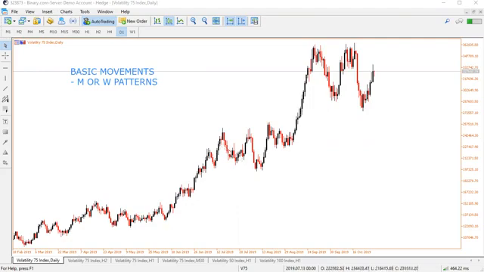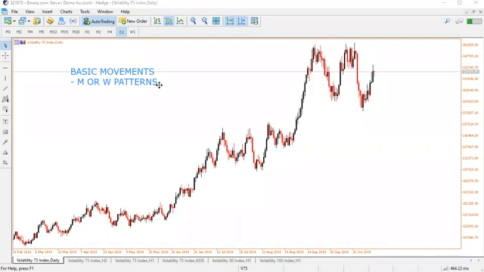Here we had an M shape. It's an M pattern, a W pattern. There are some patterns along the way here. It's just that I'm on the daily time frame. So each and every time when we get to view the market, we need to understand that the market can only be in two conditions, guys.